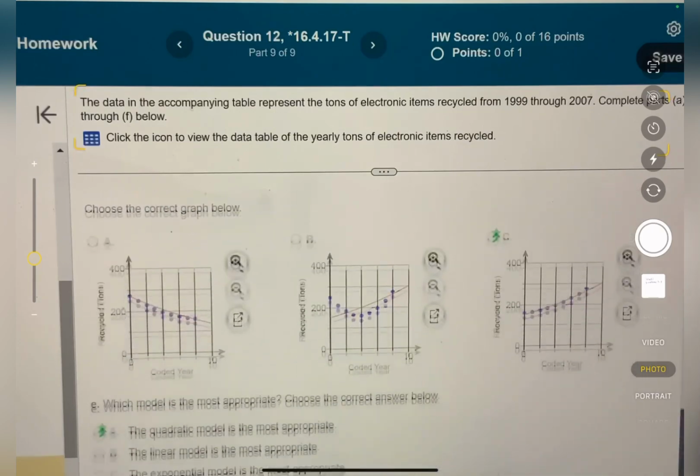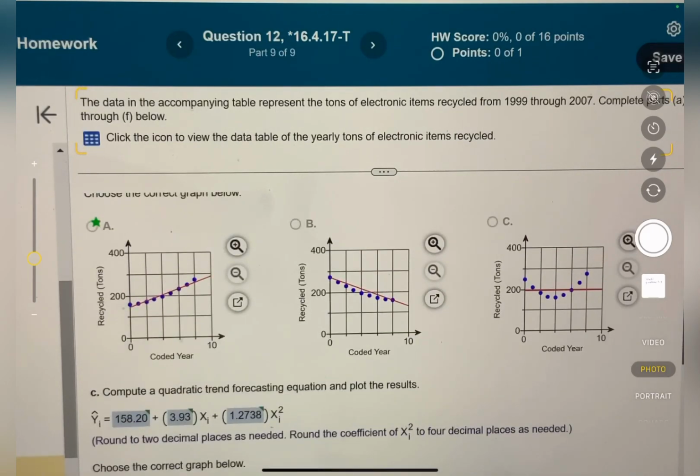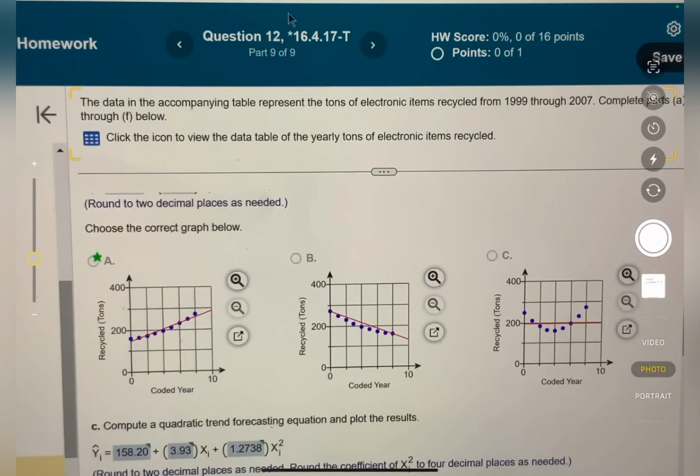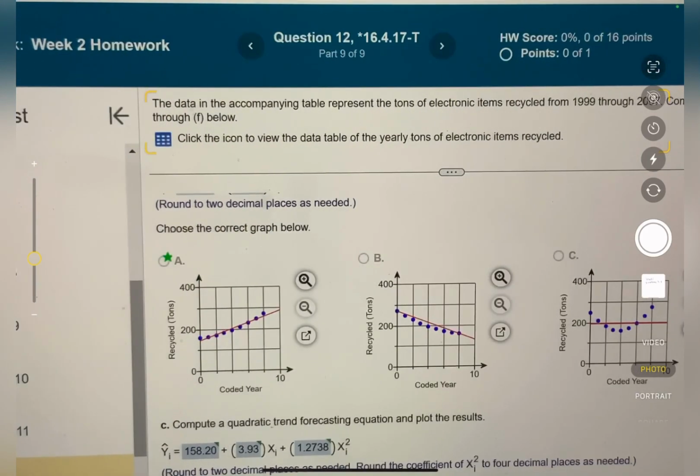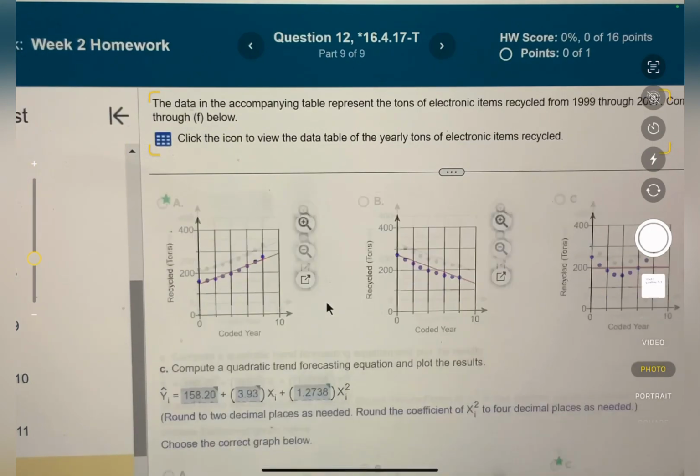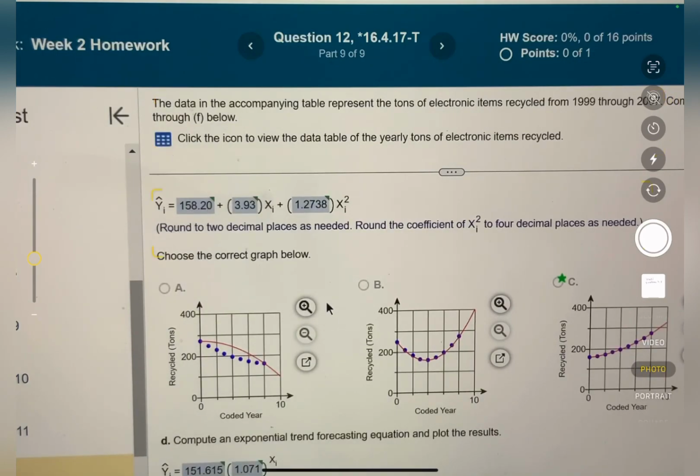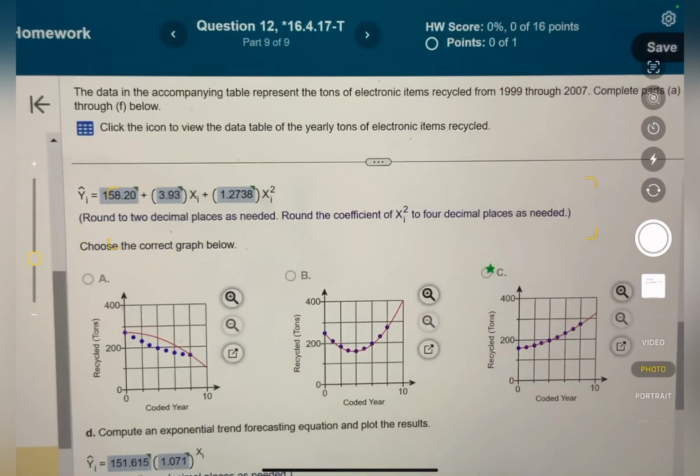Hold on. Oh, linear is A. Here it is. So this one, A, is a little bit up. Scrolling down, B quadratic. I would say quadratic is more precise, sitting on the line, everything.